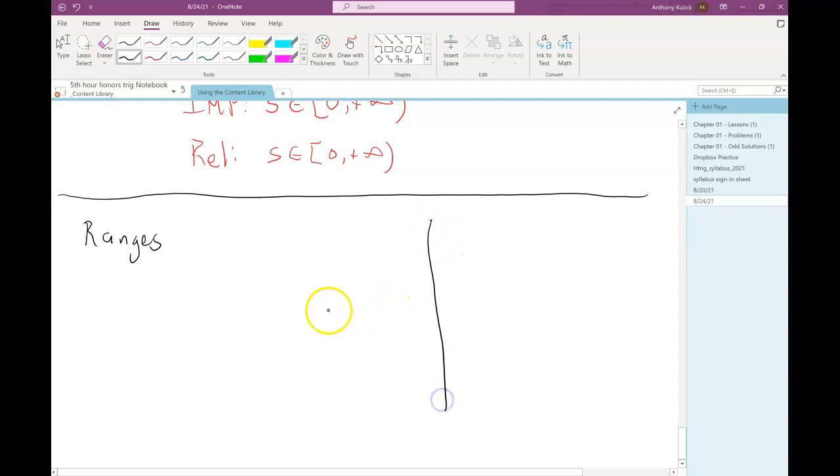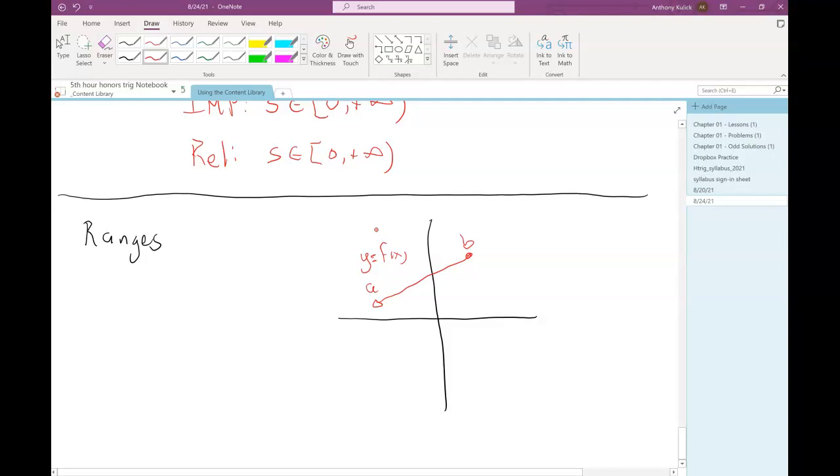So just as a review, let's call this guy f of x. This function here, f of x, is increasing because as you move from left to right across the graph, it's going up.